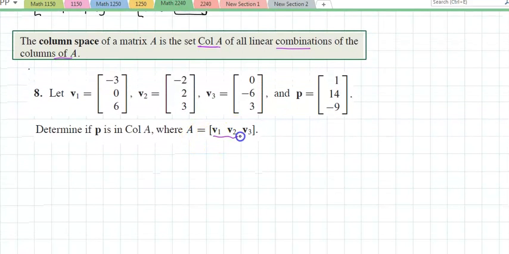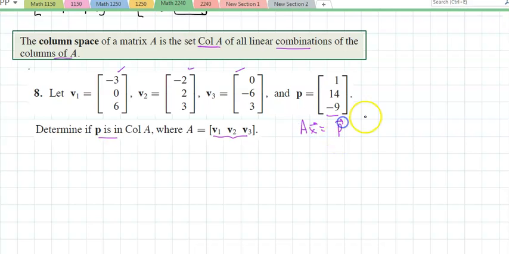These are the columns of A. Determine if P is in the column space of A. What again? Linear combination. They're asking, does AX equal P? Or does X1 V1 plus X2 V2 plus X3 V3 equal P?